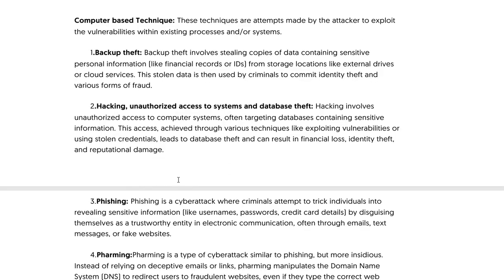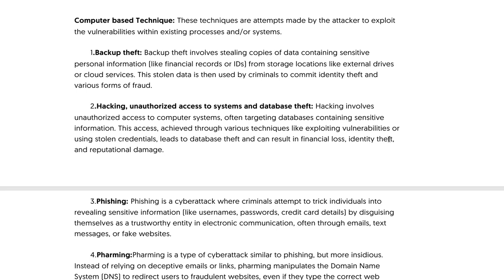So next you have hacking or unauthorized access to the system and database theft. Hacking is basically done in order to get unauthorized access to the system, often targeting the databases. Database theft is nothing but data breaches, where data gets leaked. There are various techniques they can use to achieve this.